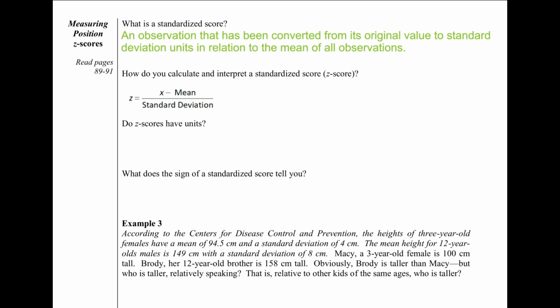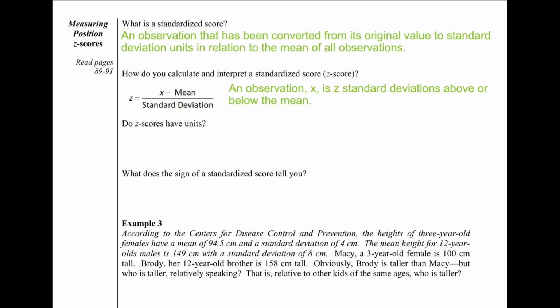And the interpretation of a z-score will always be this. We'll say something like an observation X is Z standard deviations above or below the mean. So your observation is what you're measuring. Your Z is your new calculation to tell how many standard deviations a value is above or below the mean. So I said it twice.